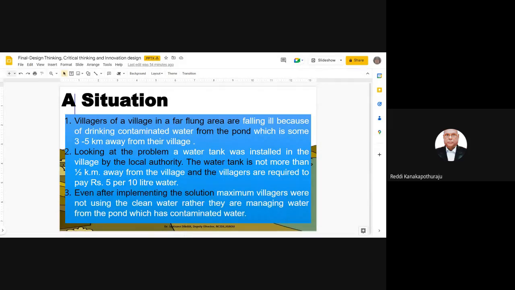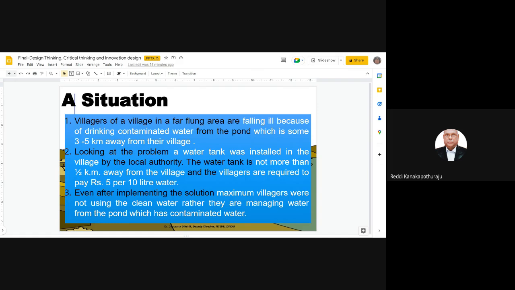Yes, there are a number of villages that are using tanks. No, madam, now they are polluted because industries surround the villages. The polluted water is coming to the tanks.